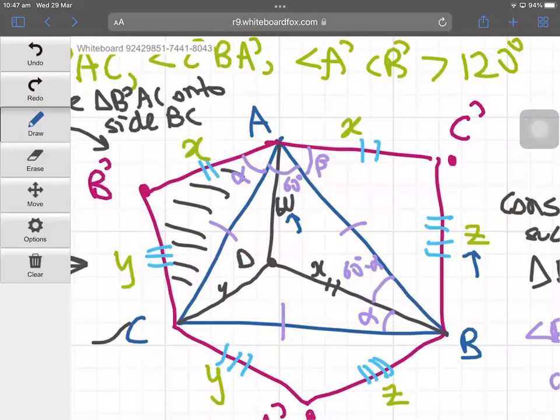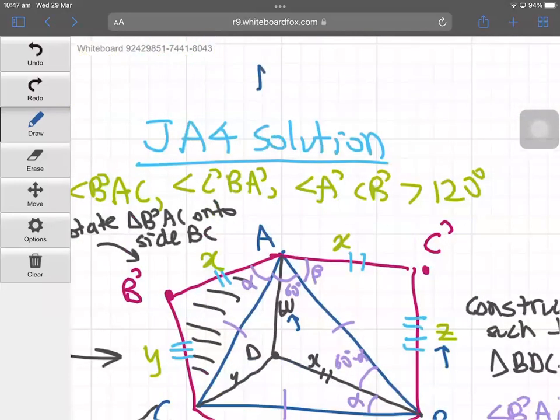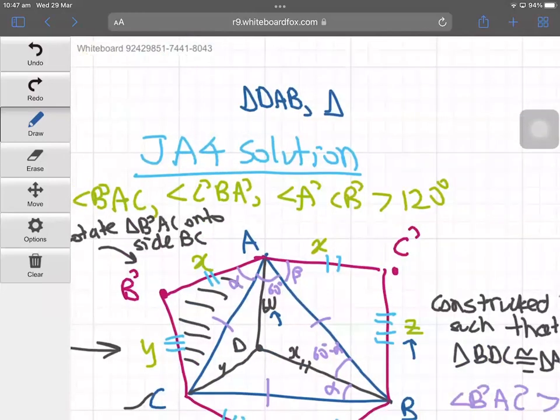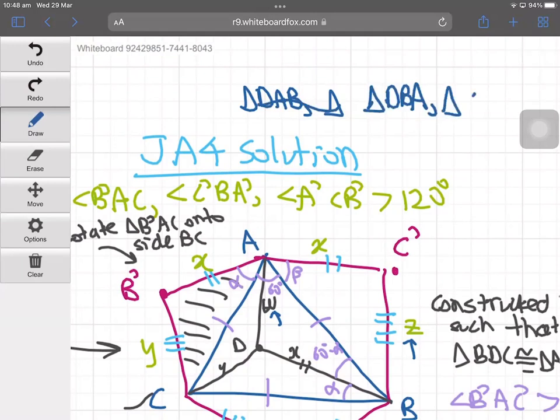So what we see is, if you look at triangle DBA and triangle C prime AB.